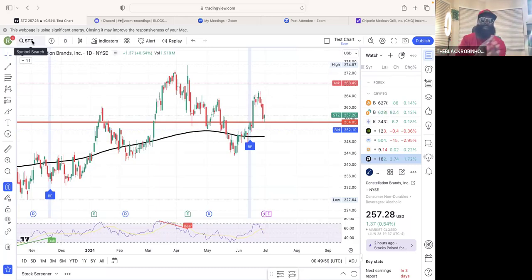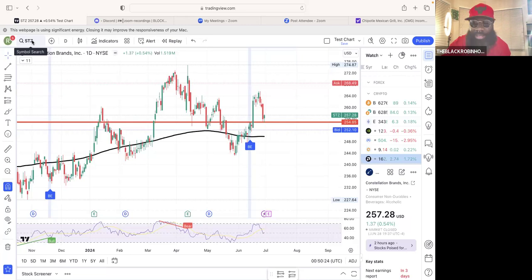First and foremost, we're dealing with options. But before your options play can become profitable, you need to understand the charting, right? The candlesticks, where the support is, where resistance is, and certain patterns.